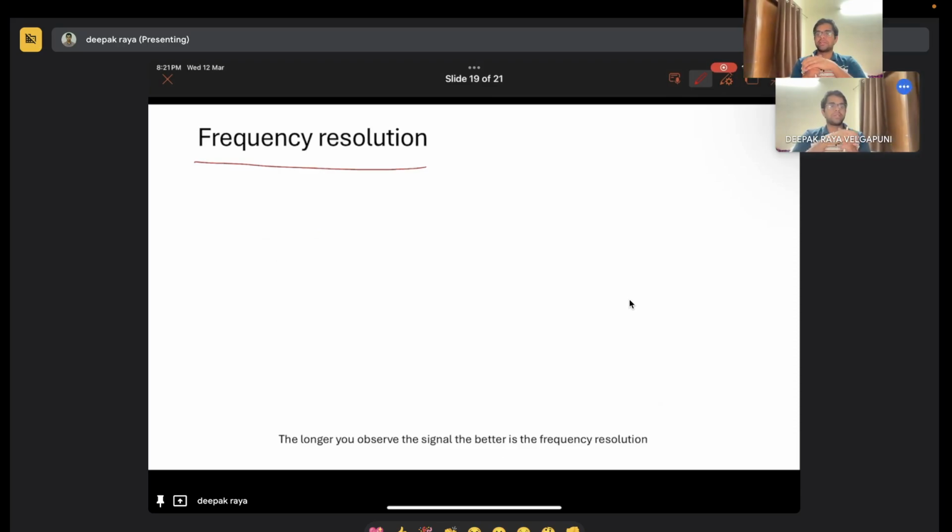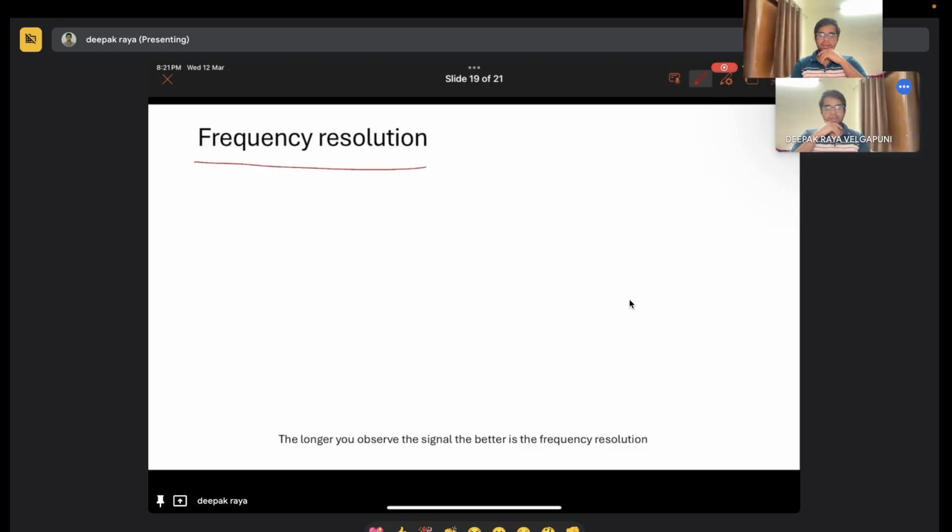Just now we discussed estimating the spectrum of a finite length signal or time limited signal. Signals are always time limited, so whatever you do is an estimation, and therefore this frequency resolution comes into the picture because you have only a finite length signal. You can't get the perfect Fourier transform, right? So what does it depend on?